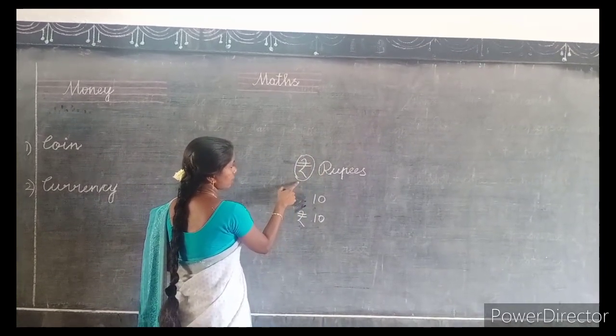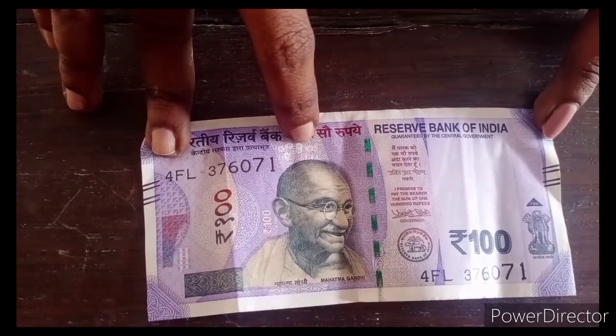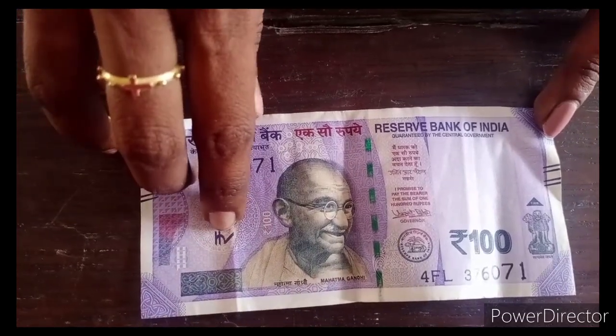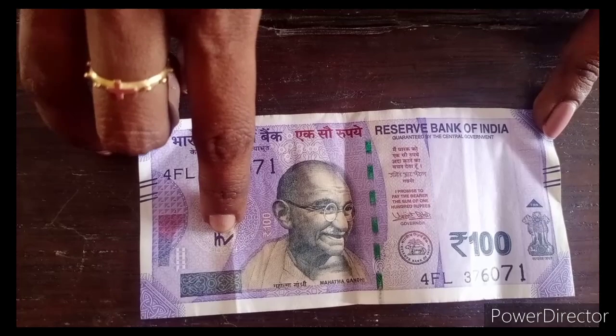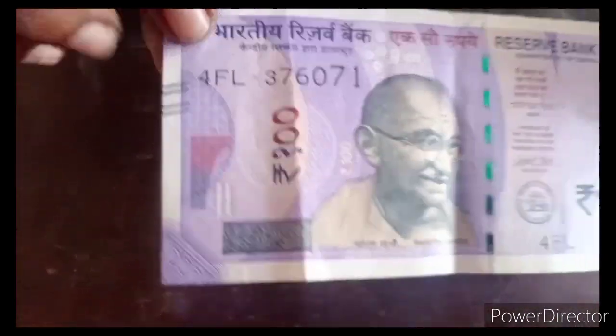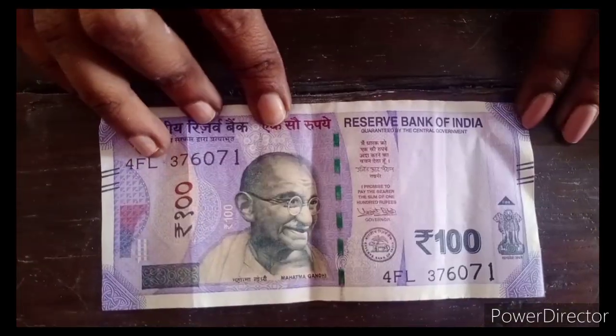See here children, what is this? This is a 100 rupee currency note. This is the rupee symbol. In this note, how many times does the number 100 come, children?